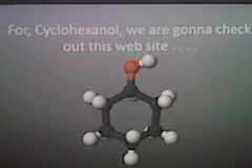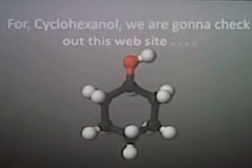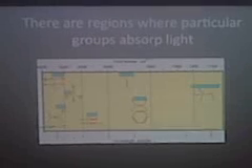For cyclohexanol, we are going to check out this website at Augie University, a chemical research site with spectra of cyclohexanol. And briefly, this is a chart of the regions where particular groups absorb light.